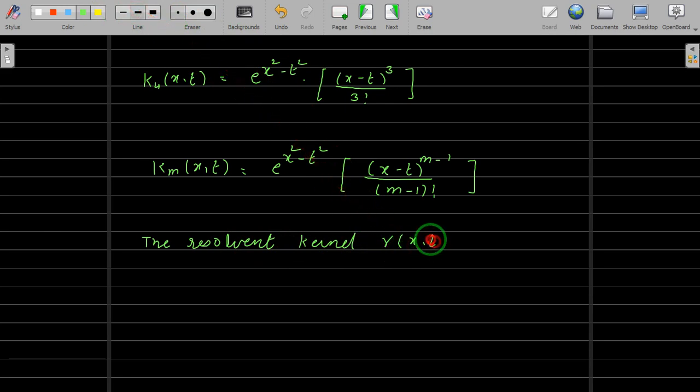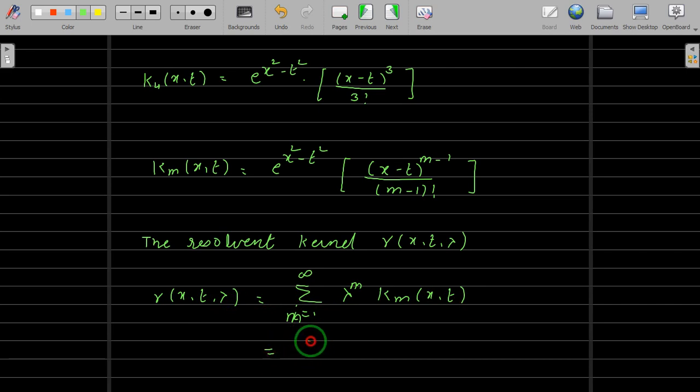Gamma(x, t, lambda) is given by gamma(x, t, lambda) is equal to summation m from 1 to infinity, lambda raised to m km(x, t). This is how you get your gamma, and then you substitute the values.